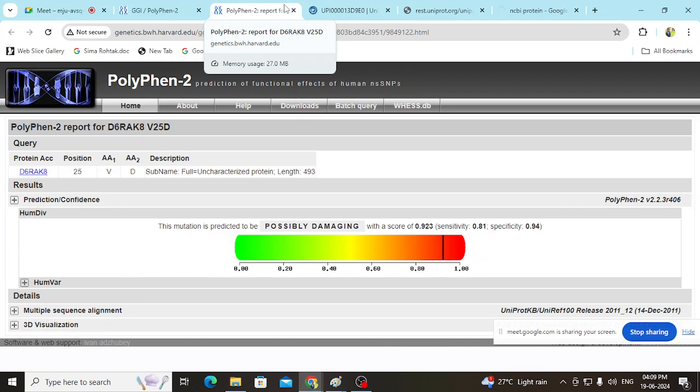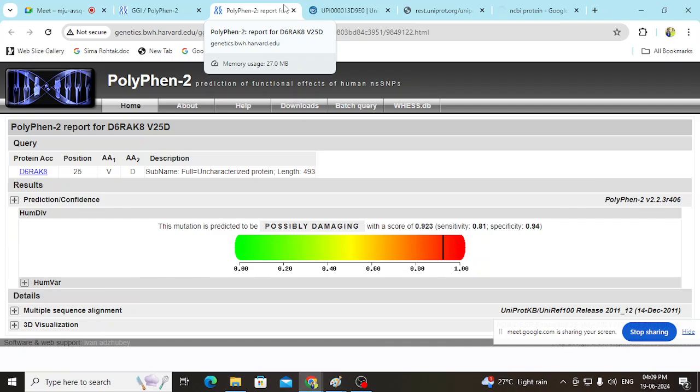In that case, the sensitivity as well as specificity both reduce. But in this case, the algorithm has identified a huge amount of data which supports the fact that if there is a sixth amino acid mutation on this protein, it will lead to some kind of overall destruction of the metabolic pathway itself.